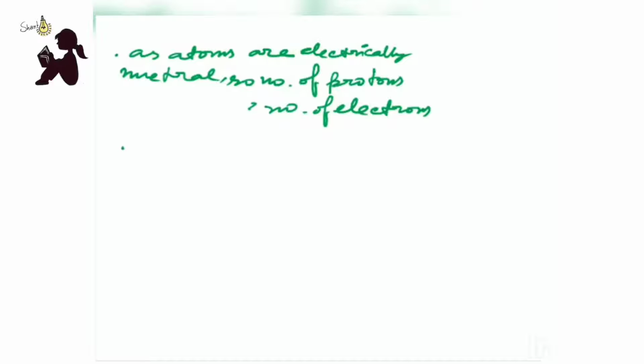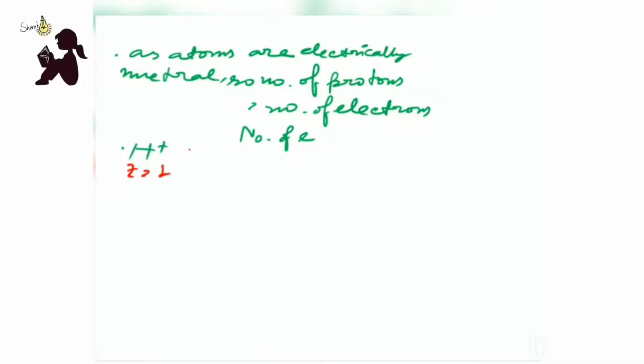Okay, so let's see. First is our H plus. I'm giving you the examples of ions. Okay, let's see. So here number of electrons. Now you will see that the atomic number of H is 1.